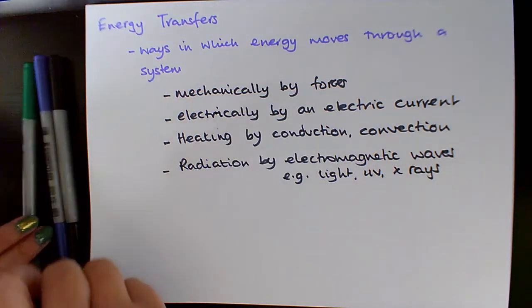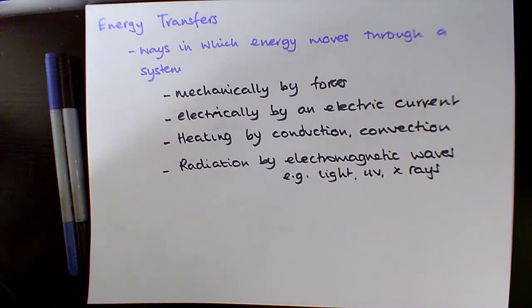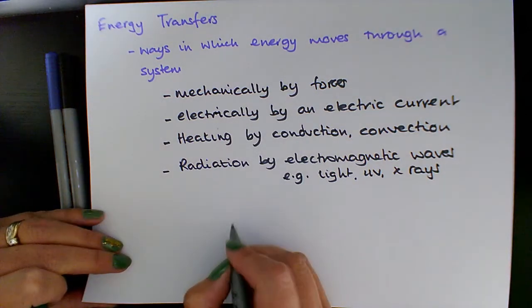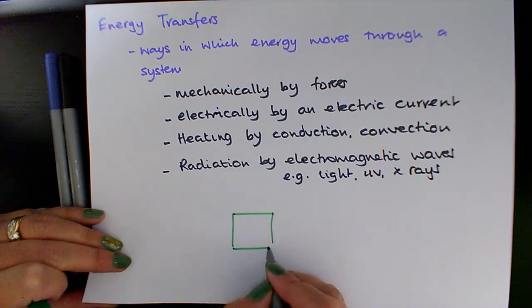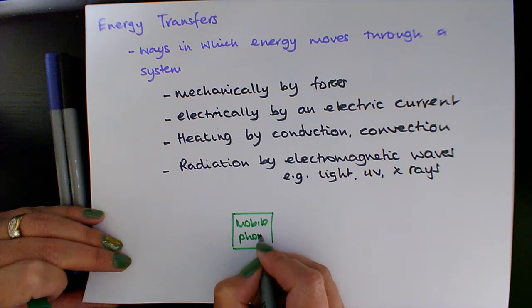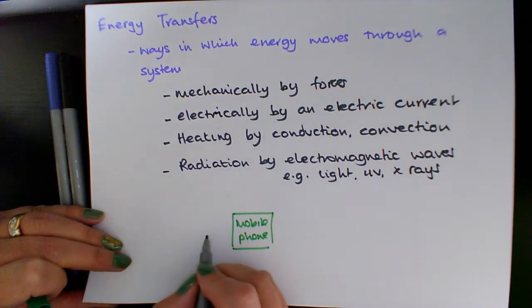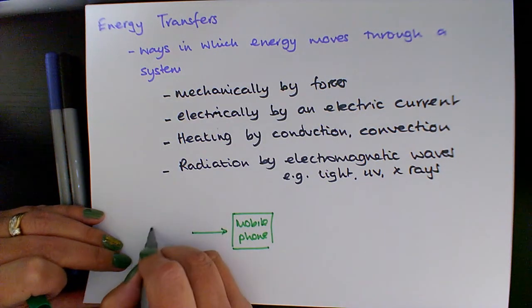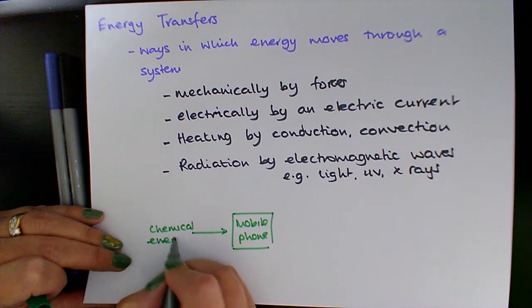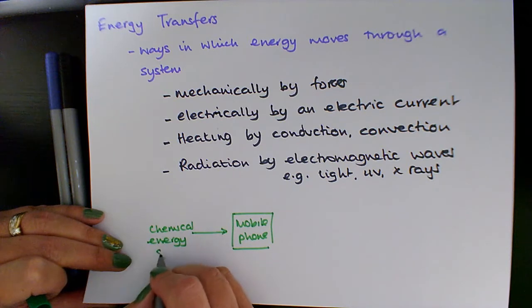When we represent energy transfers, we tend to draw a very simple diagram. So for example, if I had my mobile phone, so this is my system, going into it I would have my chemical energy store. This would be the battery.